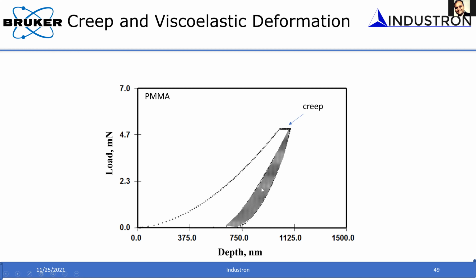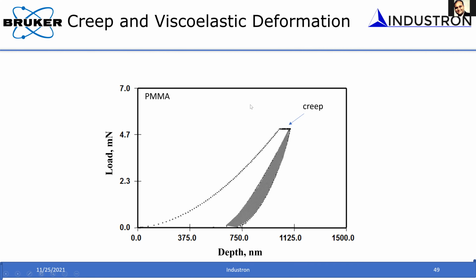Because of that, you will not be able to measure the properties if you use the standard methods I mentioned in the past. For example, when you want to measure the stiffness of the material, you measure the slope of the unloading curve.